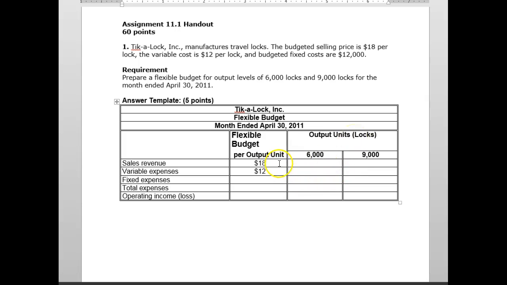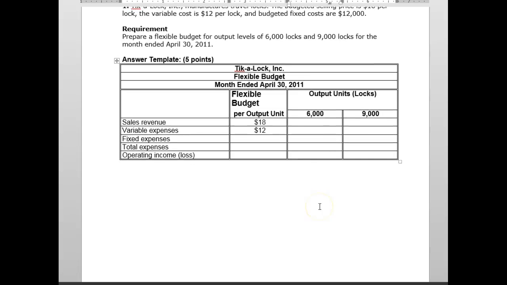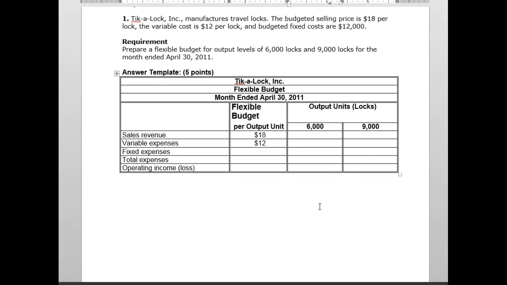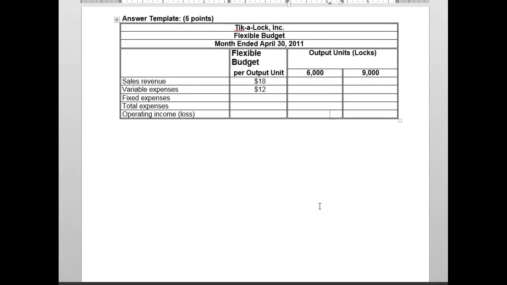That's a simple matter of multiplying 6,000 times 18, 6,000 times 12, plugging in the fixed cost, getting your total expenses, and then coming up with the operating income or loss. Fairly simple. Just remember you've got a variable cost and a fixed cost. So one should be pretty easy to complete.